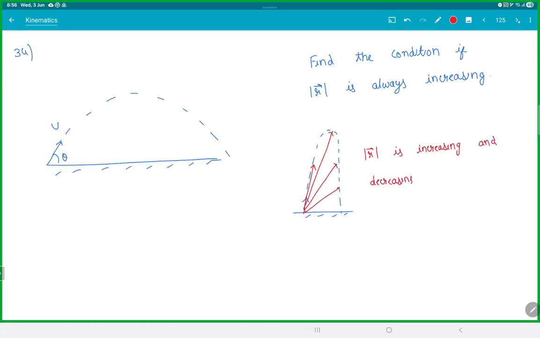If you throw with a certain angle, this is what you will notice: the length of this vector is always becoming bigger and bigger. The length of the vector should always increase. It should never decrease. So what is the condition? Basically find theta so that this mod r bar is always increasing. We don't want this.